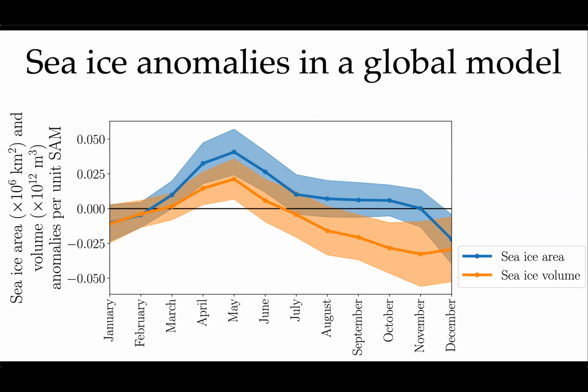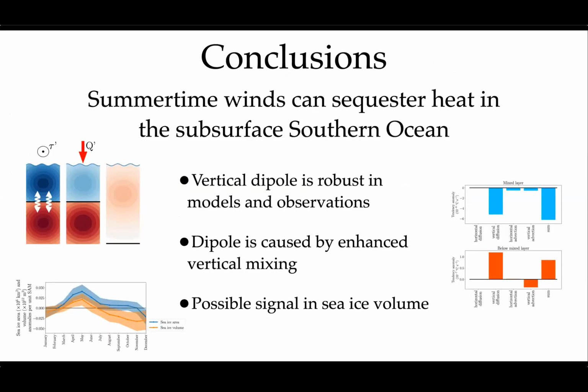Unfortunately, in the absence of a long-term, large-scale sea ice volume data set, this is very hard to access observationally, but it's a tantalizing result. So just to wrap up here, I've shown you this novel mechanism that we developed thinking about how the summertime winds could affect the seasonal cycle of sea ice and the surface ocean over the next year.